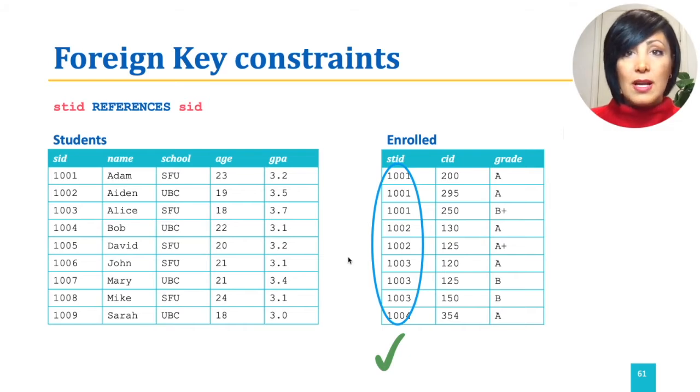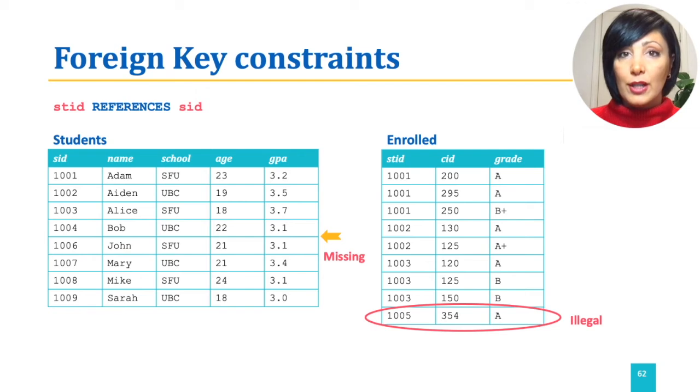For example, tuples with SID values of 1006, 1007, 1008, and 1009 exist in the students table, but there are no tuples with these STID values in the enrolled table, and that is okay. However, note that a value that does not exist in the SID field of students cannot be used in the STID attribute of the enrolled table.